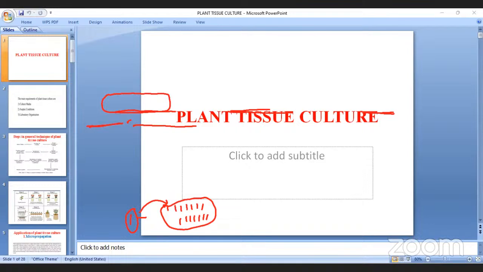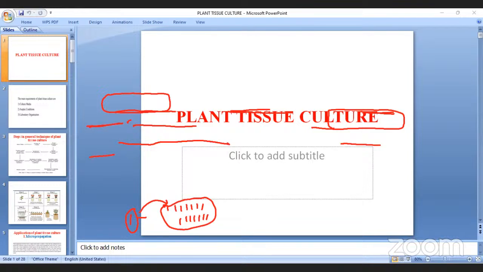This genetic variability is due to cells of various ploidy levels, maybe ploidy level increase or decrease, and genetic constitutions of the initial explant, also developed due to different cultural conditions.